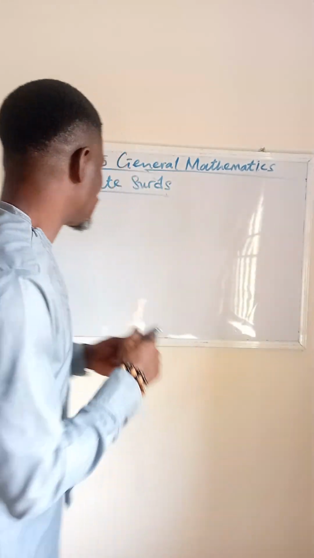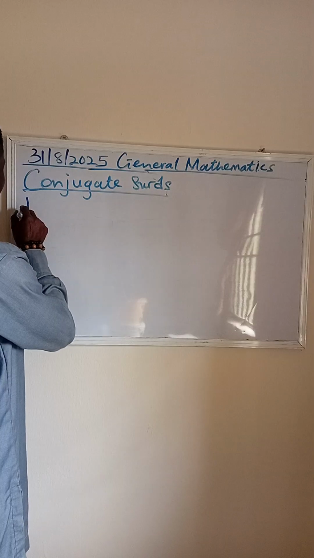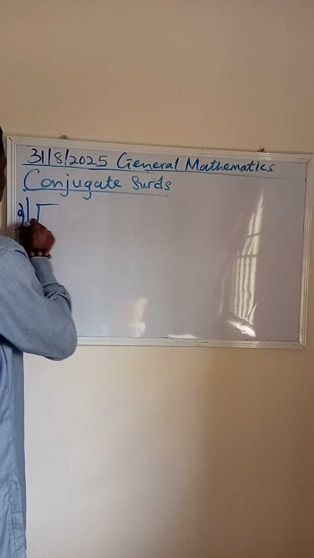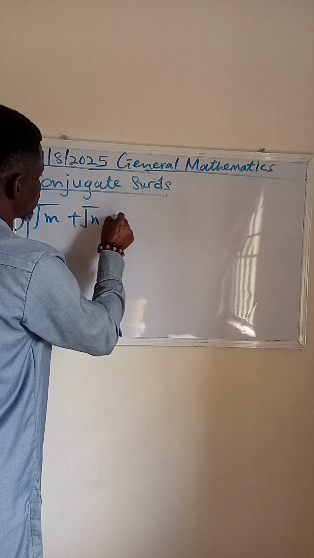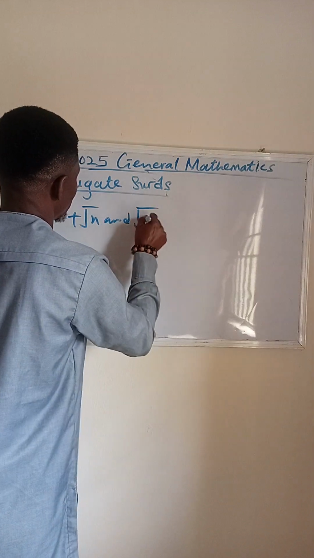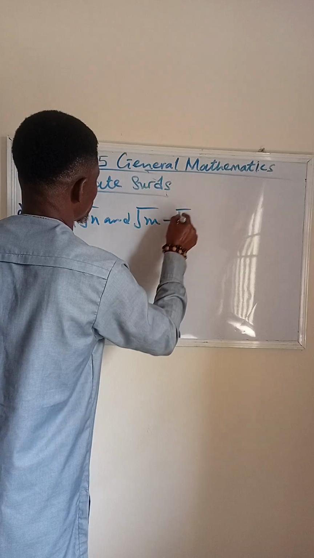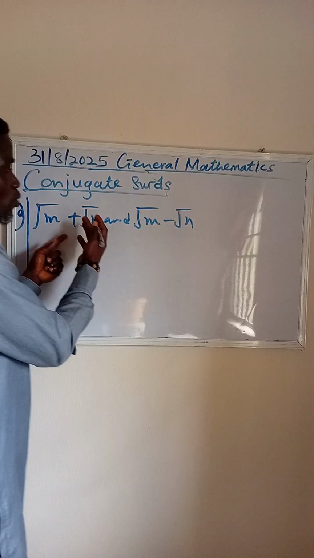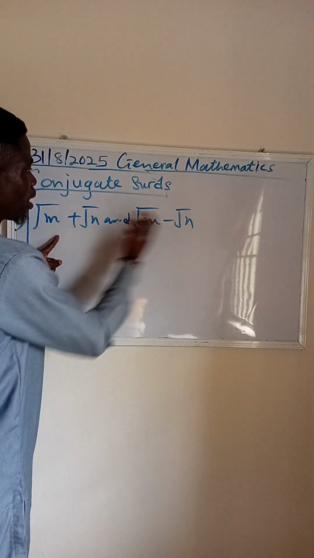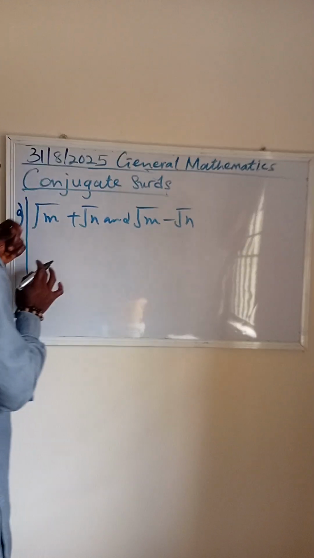Any surd of these forms, like this now, let's say we have root m plus root n, and root m minus root n. This is one of the conjugate surds. Or you can call them binomial expansion.